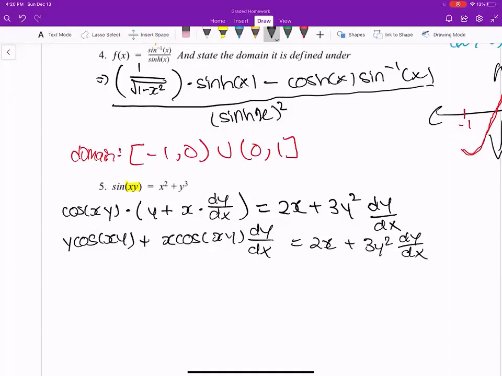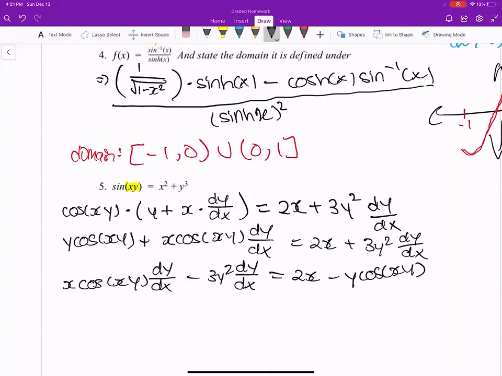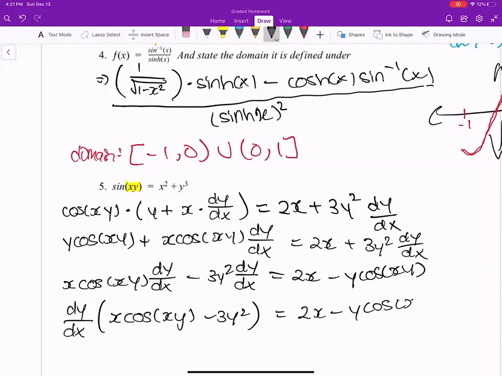Let's bring the like terms together. So you have x cos xy dy by dx minus 3y squared dy by dx is equal to 2x minus y cos xy, right? So now we factor out the dy by dx, which gives you x cos xy minus 3y squared equals 2x minus y cos xy.